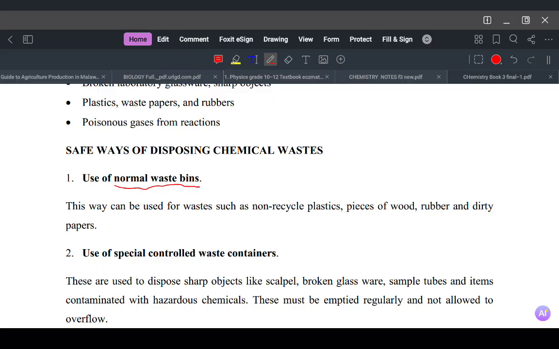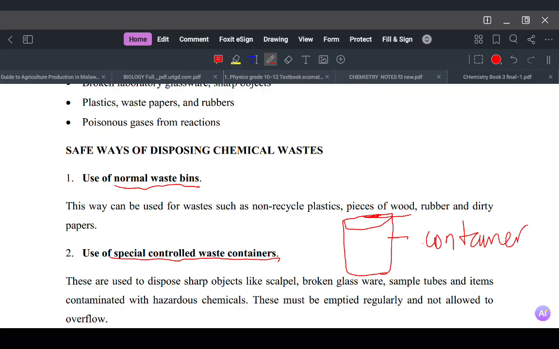Another way to dispose waste safely is to use special controlled waste containers. Sometimes you may have a specially designed waste container, which in most cases has a lid.